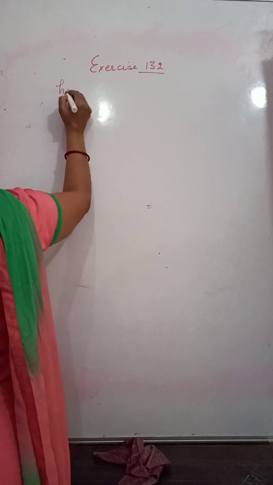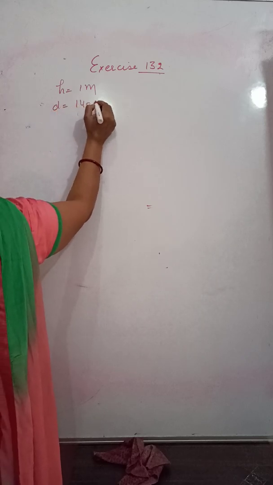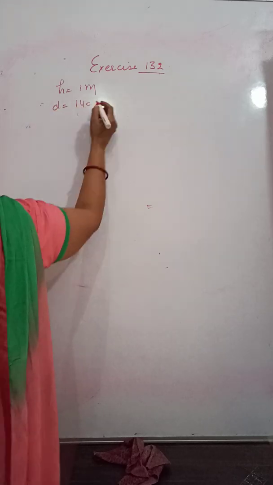It is required to make a closed cylindrical tank of height 1 meter and base diameter 140 centimeter, right?